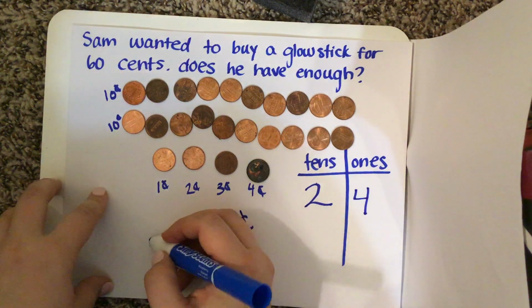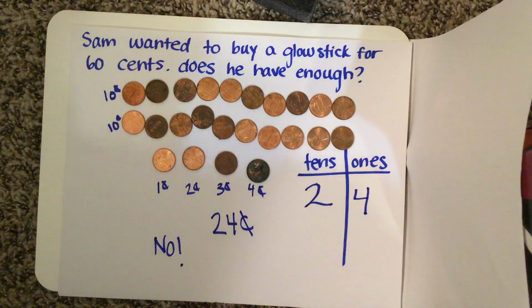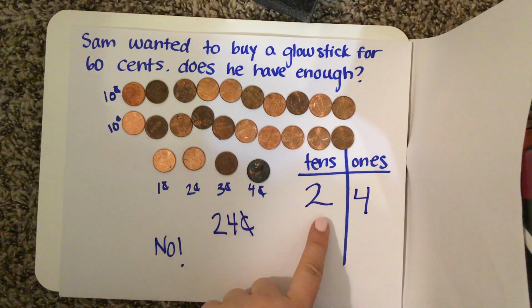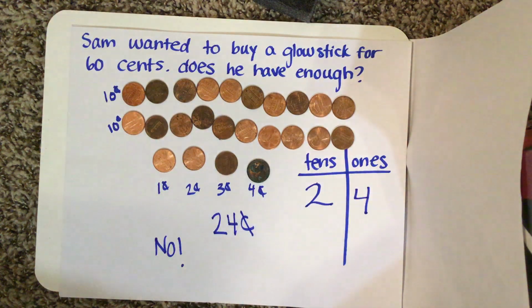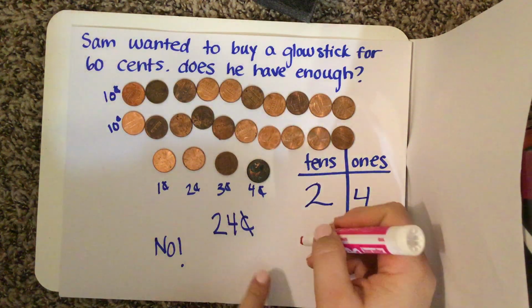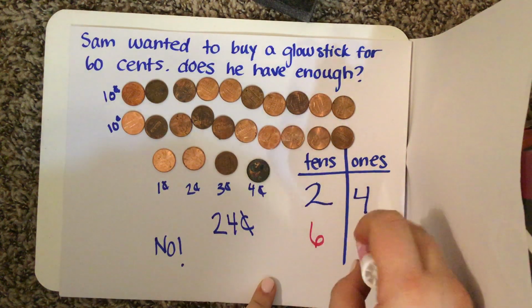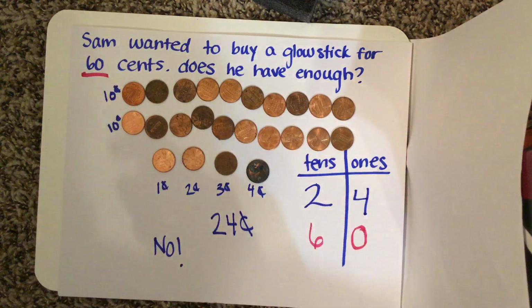Our answer is no. He does not have enough, because if we look at 24, we see that there are 2 tens and 4 ones. But how many tens and how many ones are in the number 60? We have 6 tens and 0 ones in the number 60.